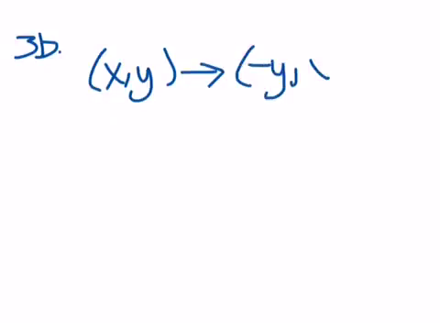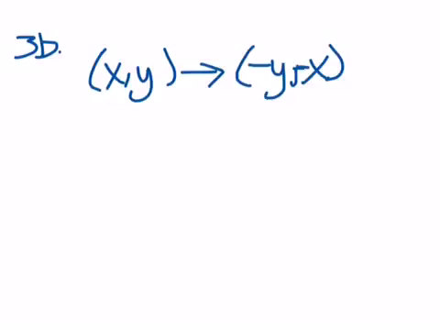On 3B, you could try a point, but really you just have to think about it: you have an (x, y) point, and they do 2 transformations. They reflect across the line y equals negative x. So what's that rule? It interchanges them and makes both of them negative: (negative y, negative x).